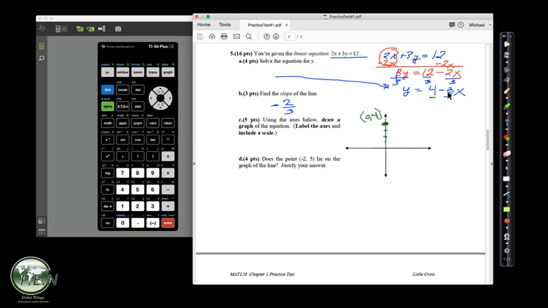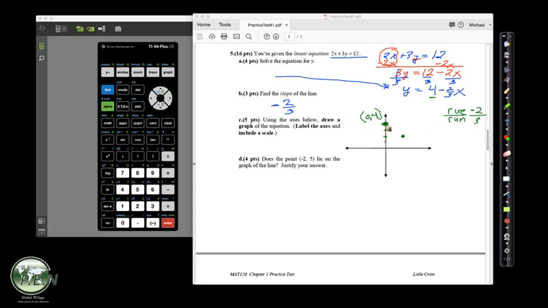Then what we're going to do is we're going to use the slope. It's got a rise over run. The rise is -2. The run is 3. So that means from this point we rise -2, which means we go down. Then we go over 3. 1, 2, 3, and we get another point. If we would have went up, we could have gone back 3.